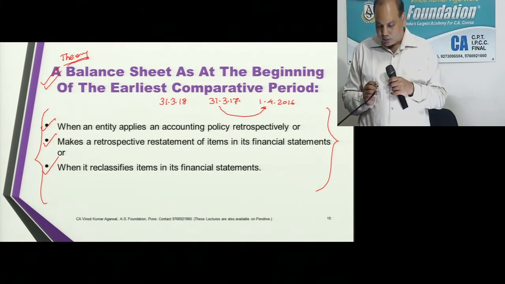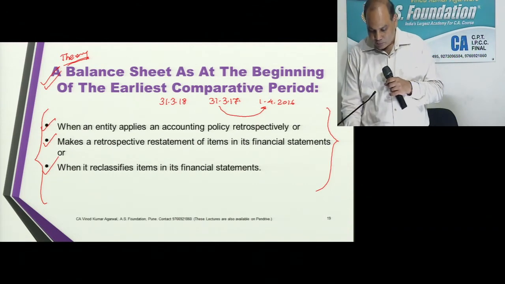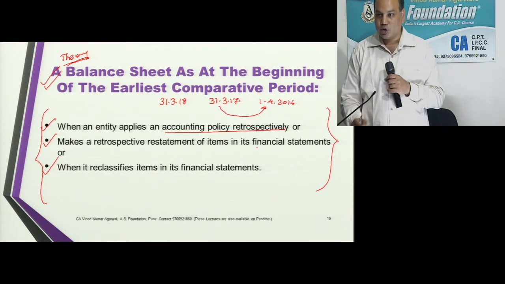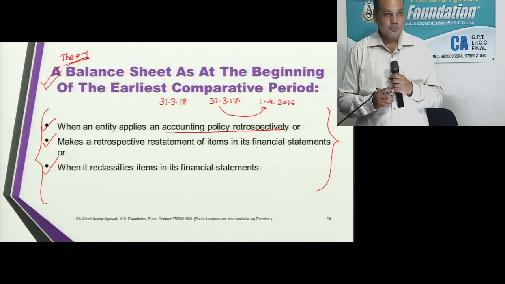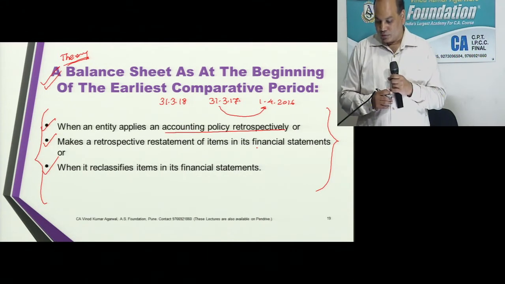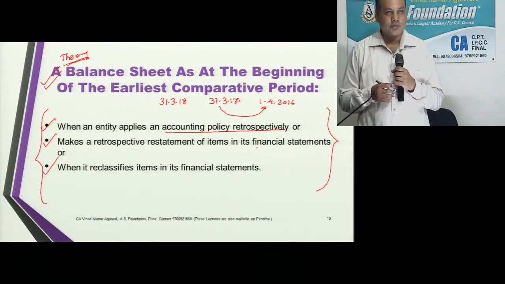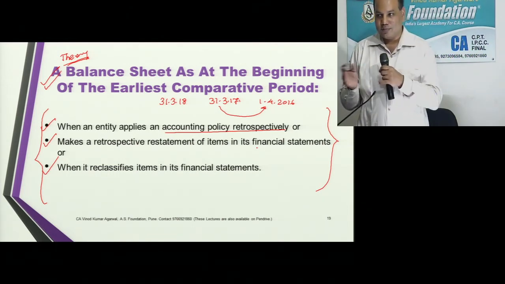So you will say the opening balance sheet is required for the earlier period if a company changes accounting policy with retrospective effect. See the fun here. Companies in India used to change accounting policies because they wanted to bring a desired change in either profit or balance sheet.